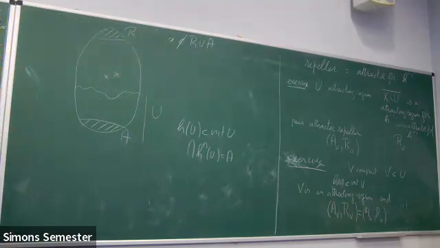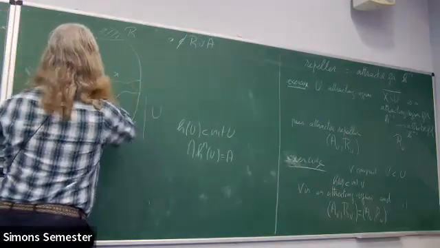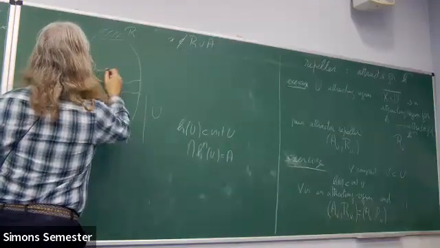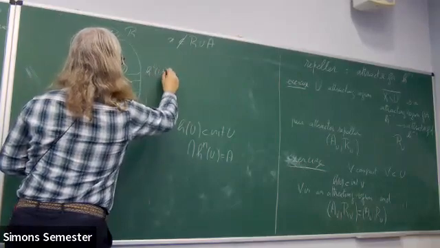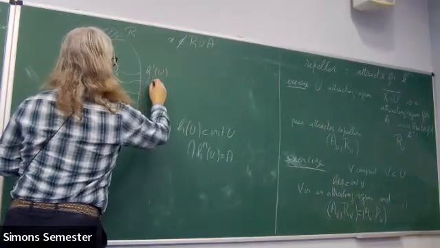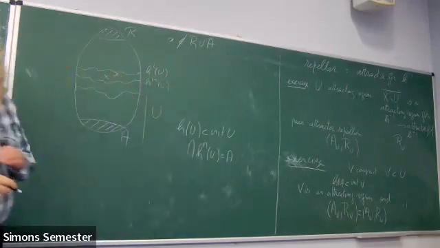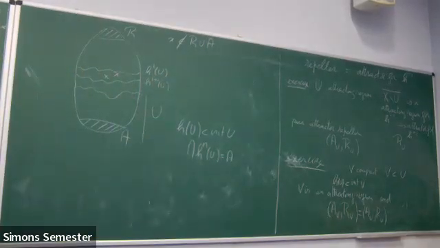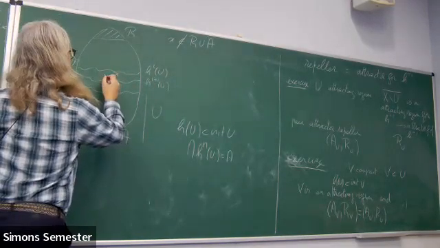If it was in all iterates, it would be in A. So there is a first iterate, so that X belongs to H^i of U, but not in H^(i+1) of U. Okay? Now you consider two things. You consider this distance.